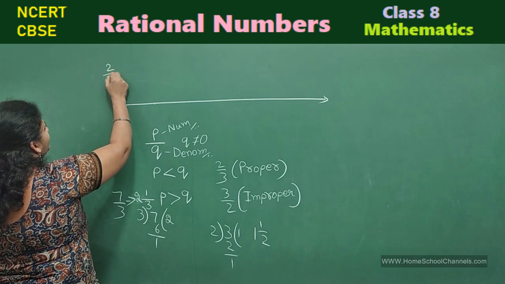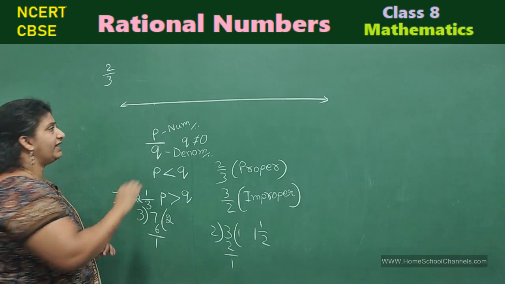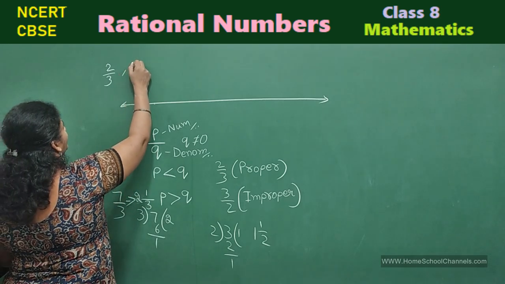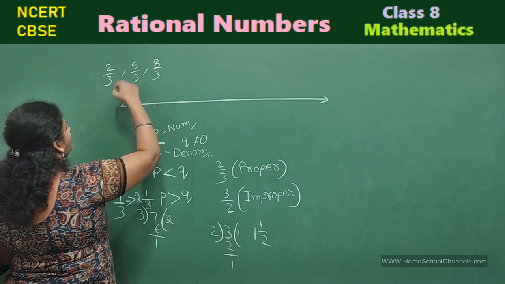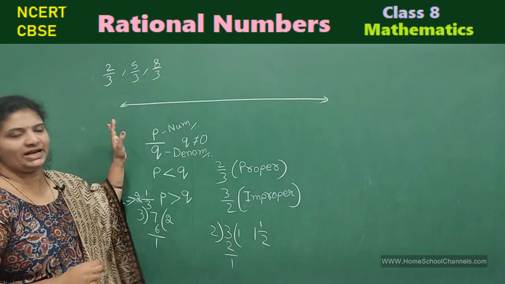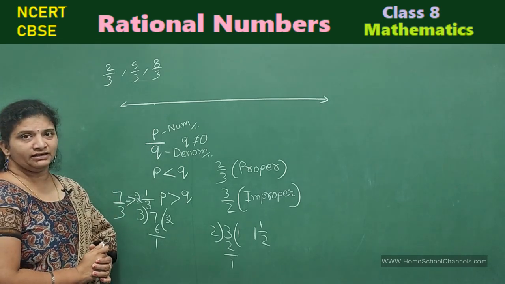2 by 3 represent on this number line. 2 by 3, and I take 5 by 3, 8 by 3, represent these three rational numbers on a number line. How you can represent here?